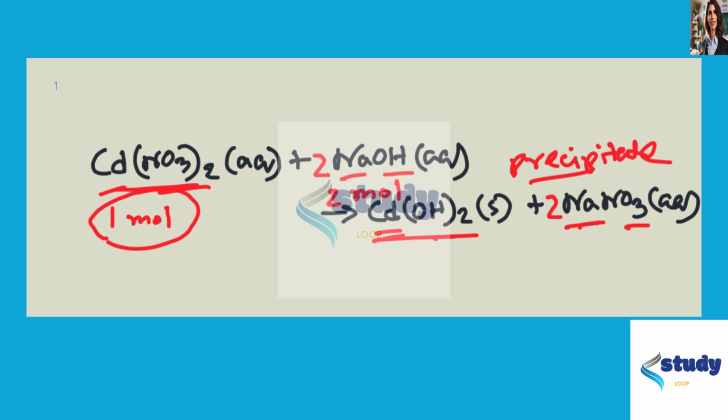And 1 mole of cadmium nitrate reacts with 2 moles of sodium hydroxide. That means to form 1 mole of cadmium precipitate, we have to use 2 moles of the sodium hydroxide.